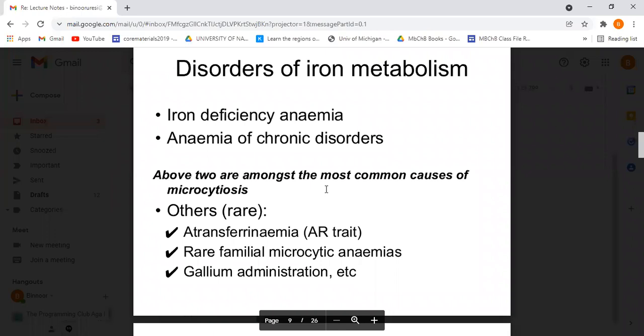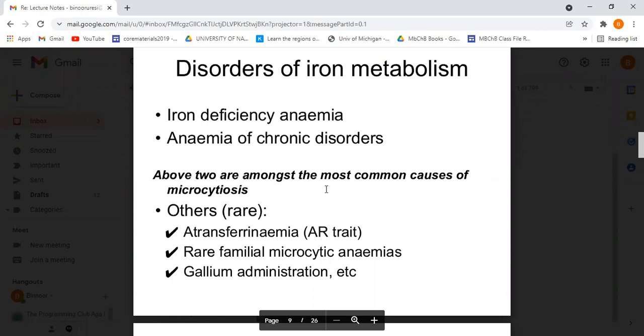But others are if you have a problem of transferrinemia. So this is an autosomal recessive trait that's inherited, where for some reason, when you eat food containing iron, that iron is absorbed in the GI system, the jejunum.